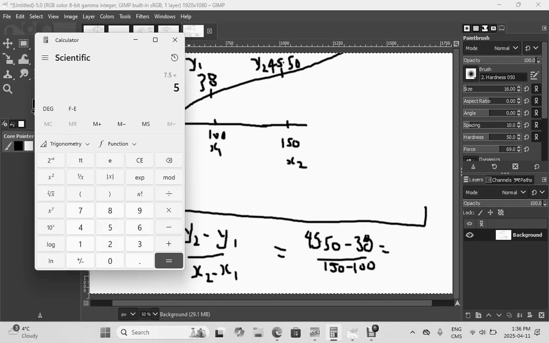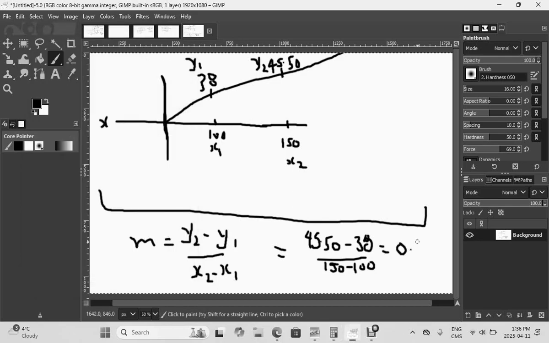So divide by 50, and it will be 0.15. So 0.15 is 15 cents, which means you're being charged 15 cents for every minute that you use.